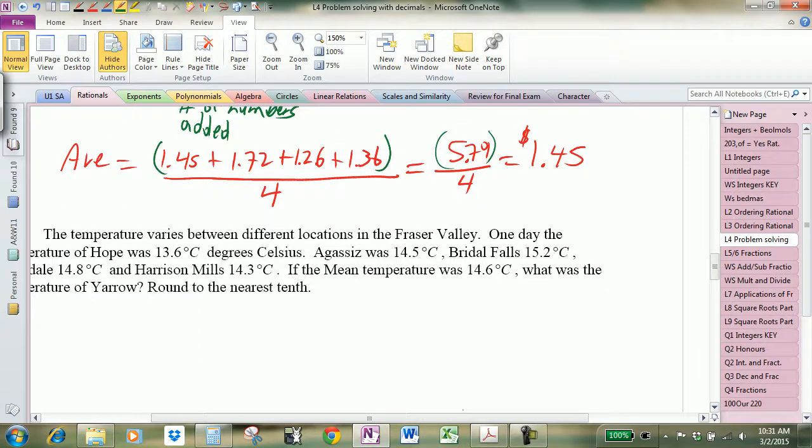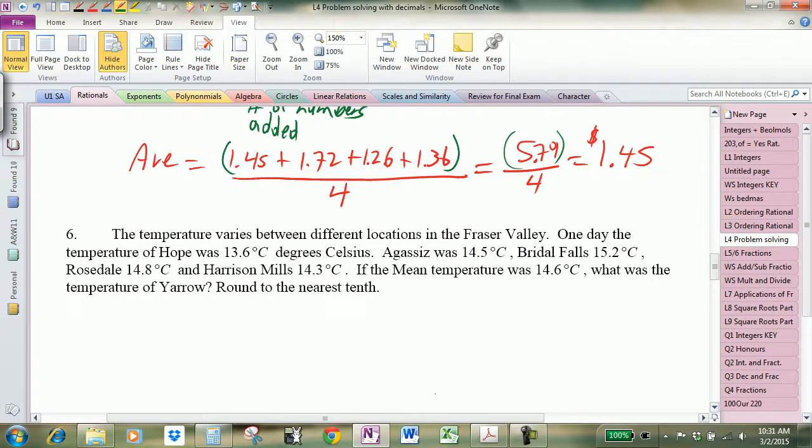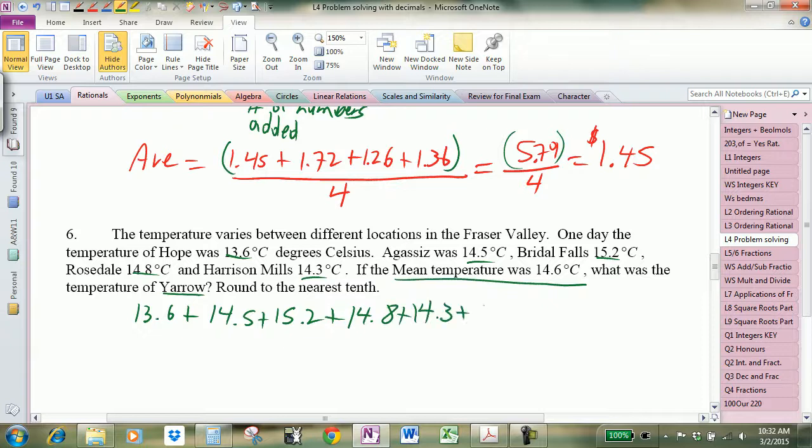Okay, last little bit. This one's going to be a harder one. Underline the information. We have 5 cities and then the mean temperature, but we're missing the error. So if we add them all up, and we add the error, and we divide by 1, 2, 3, 4, 5, 6, that's going to equal 14.6 degrees, the average.